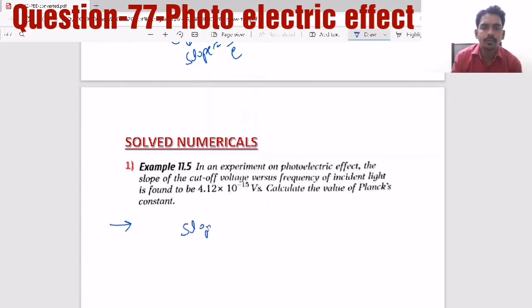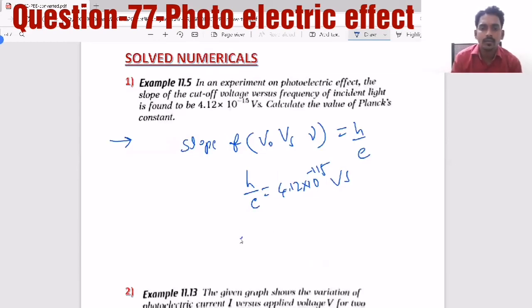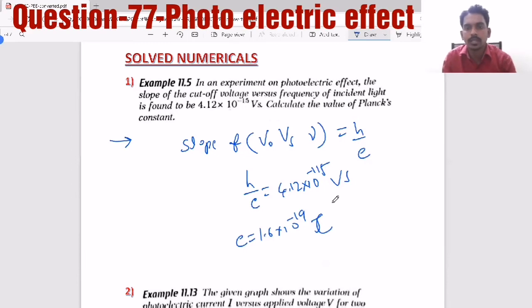So slope of V naught versus frequency is equal to h by e. Now h by e value they have given as 4.1 into 10 power minus 15 volt second. Calculate Planck's constant, where e value is 1.6 into 10 power minus 19 coulomb. Just substitute and do the multiplication.